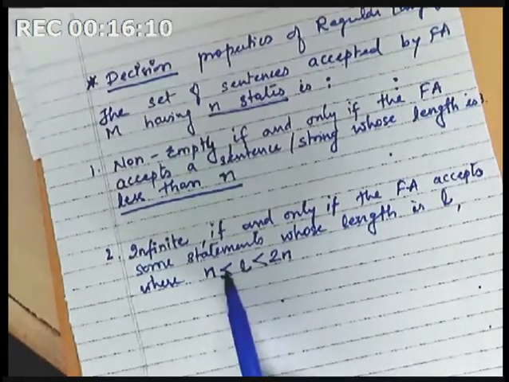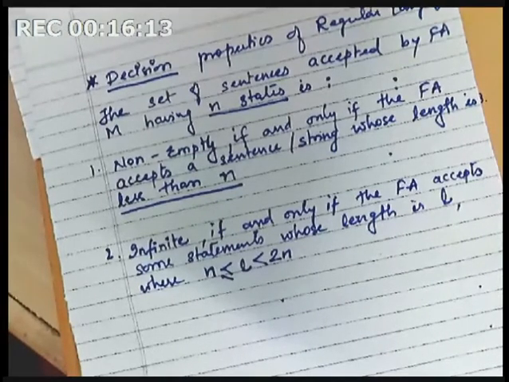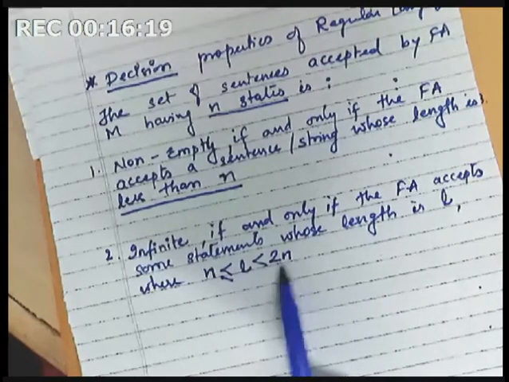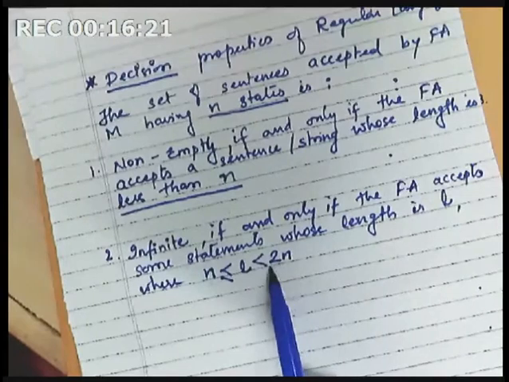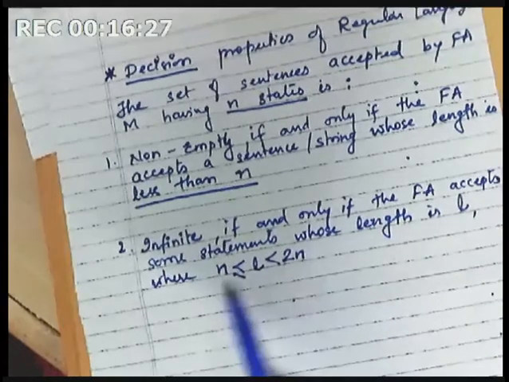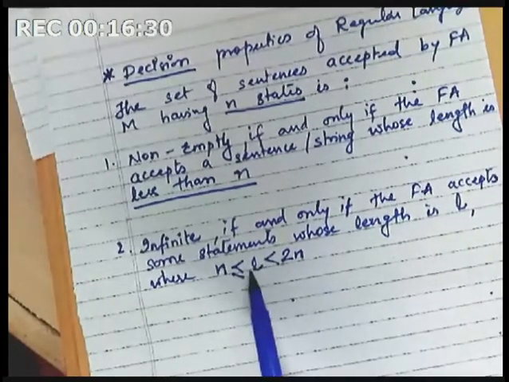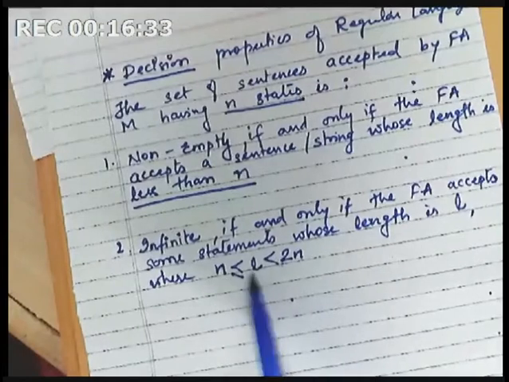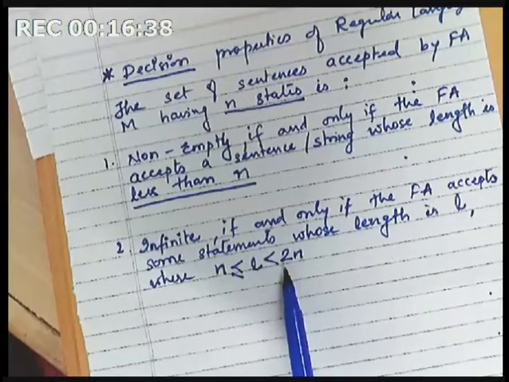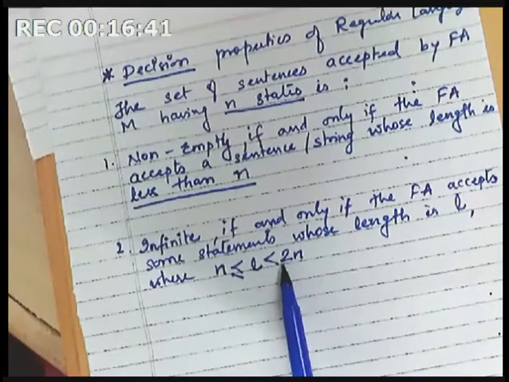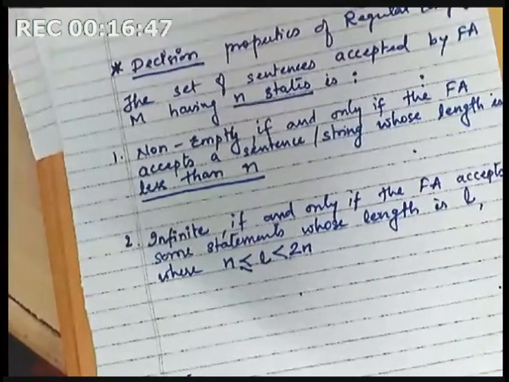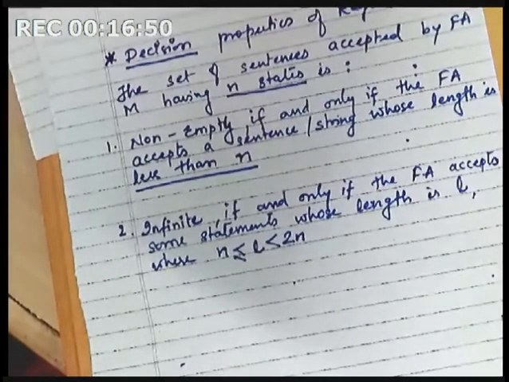So all the strings having size n and greater than n, and less than 2n. You need to remember this. You will see the proof only up to 2n, not more than that. If the language strings have length greater than or equal to n and less than 2n, then such languages are called infinite languages. Otherwise, the languages are finite languages.